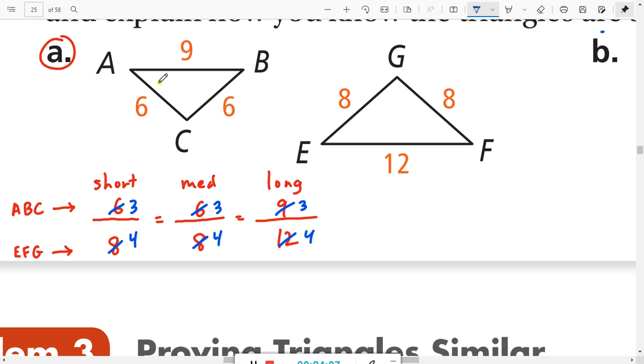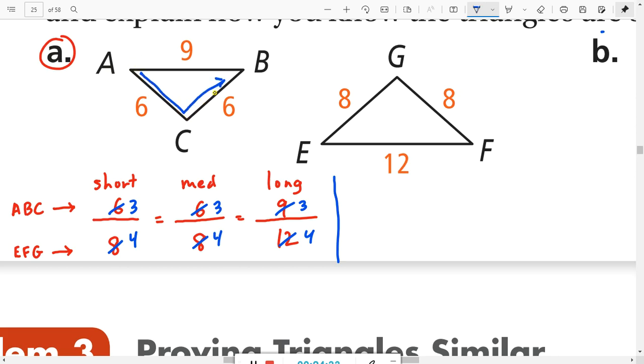Okay. Let's trace the two triangles the same way. All right. So actually it doesn't matter as much for these. Since we have two sides congruent, there's a lot of ways to do this. So I'm going to go past the two sides that are congruent. So I'm going to go past the 6 and then past the 6 again.